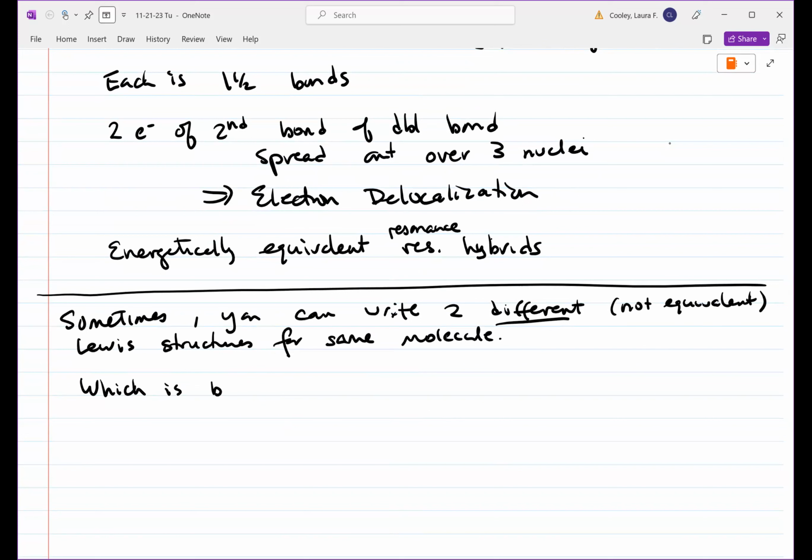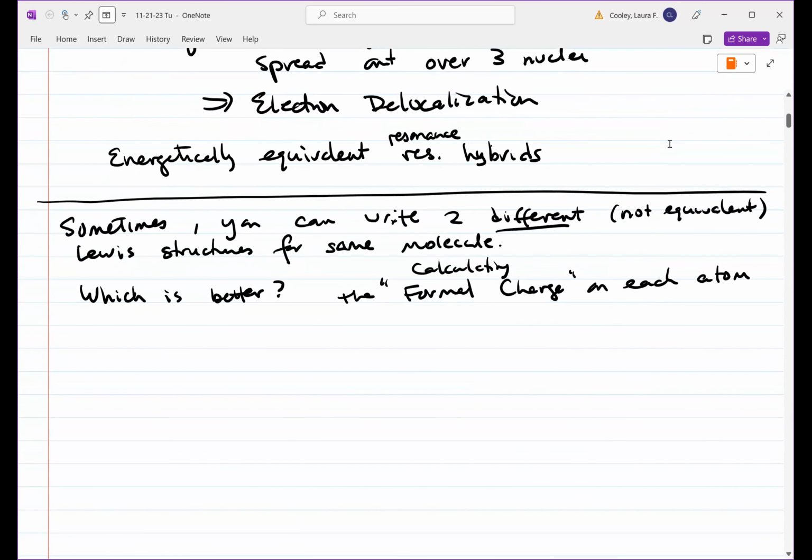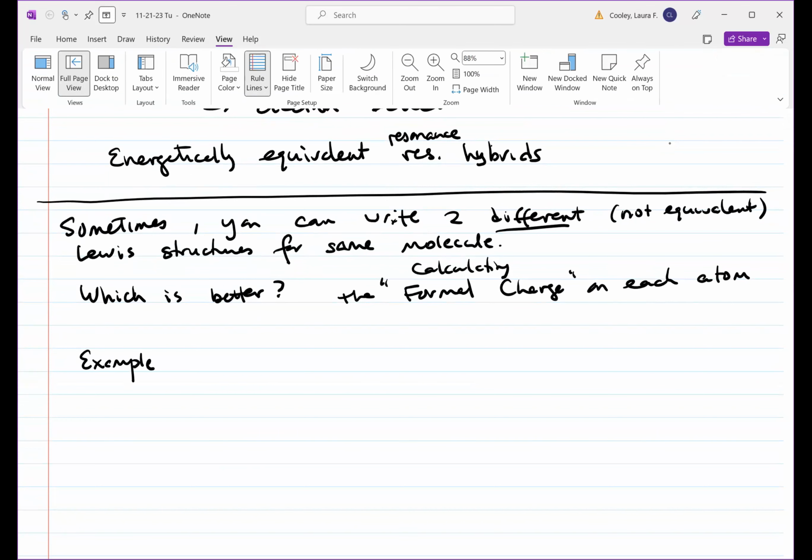And the way to determine that very often is by something we call formal charge. We can determine which is better by calculating the formal charge on each atom. Okay, and there are certain guidelines for what should and should not be true about formal charges. So what I'm going to do is do an example for you. This example is carbon dioxide.